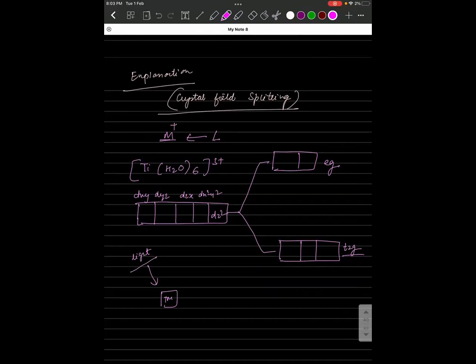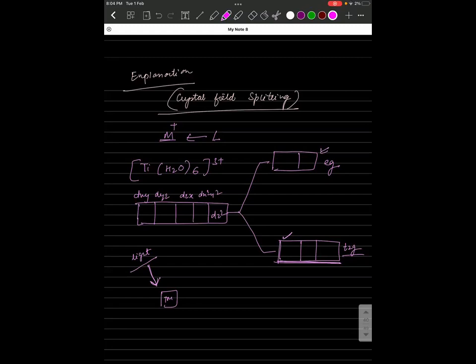The electrons of lower energy, the electrons that are in this lower level, absorb a particular wavelength of the light that is falling on them. When they absorb this wavelength of light, they acquire energy so that they can jump from this lower level to the higher eg level.